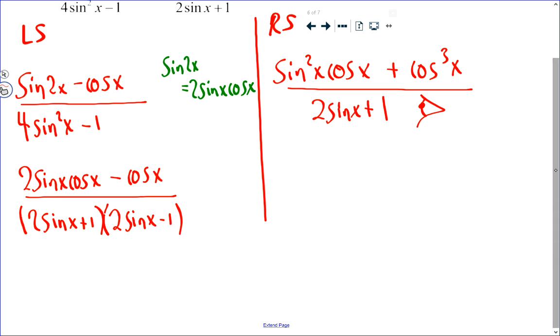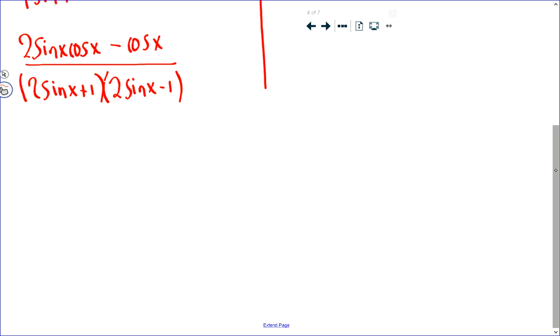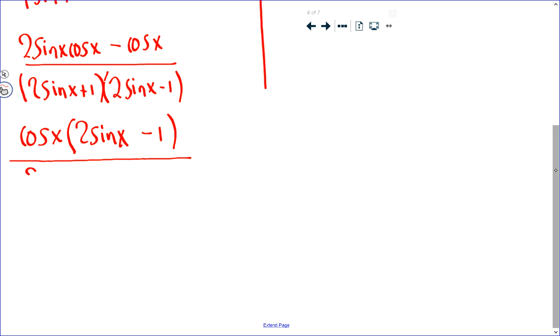In the numerator of the left-hand side, I can factor cosine of x out. If I factor a cosine of x out, I have left 2 sine of x minus 1, and it's over 2 sine of x plus 1, 2 sine of x minus 1.